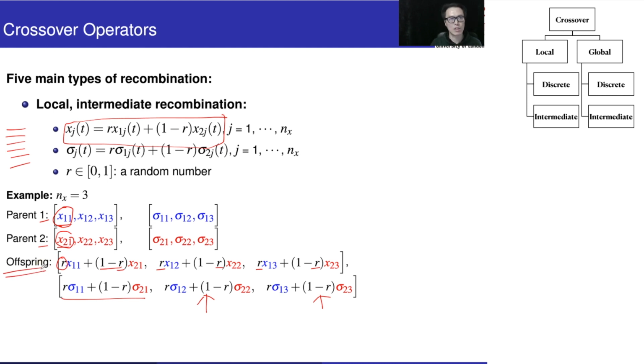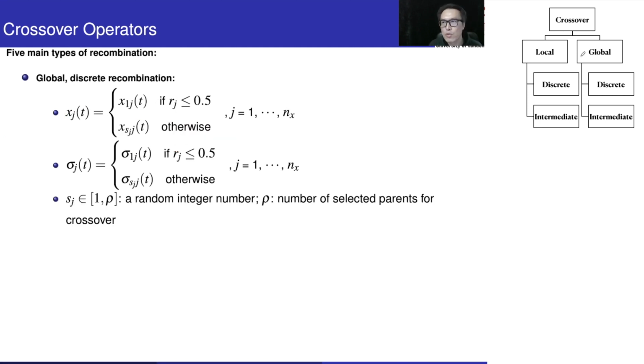And now the next, we move on to the global. The global means that we should have rho greater than 2. It means that each time we are going to pick more than 2 parents from the population.